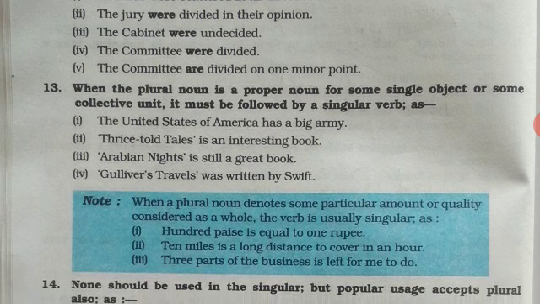Right? Now note, when a plural noun denotes some particular amount or quantity considered as whole, the verb is usually singular. For example, 100 paise is equal to 1 rupee.